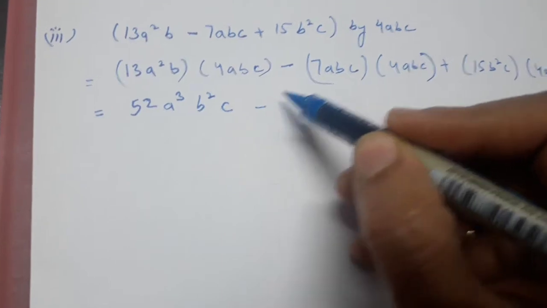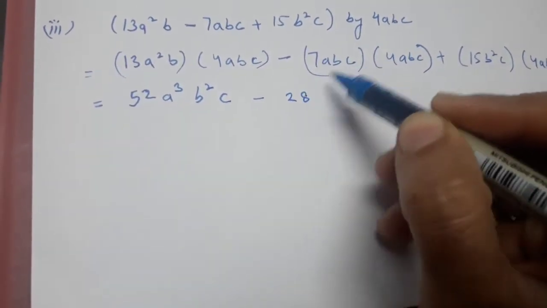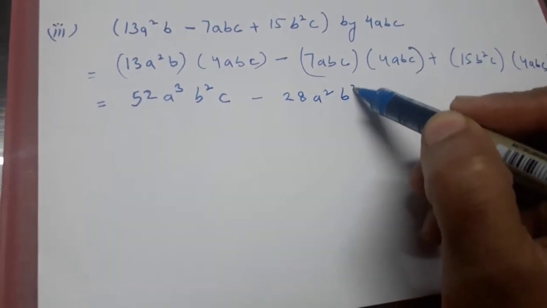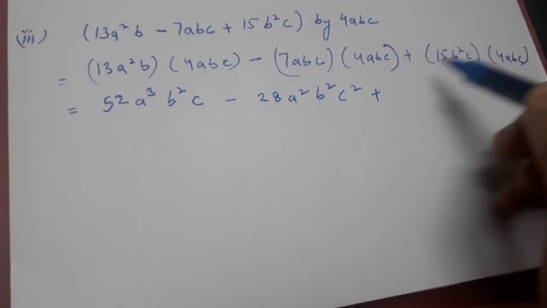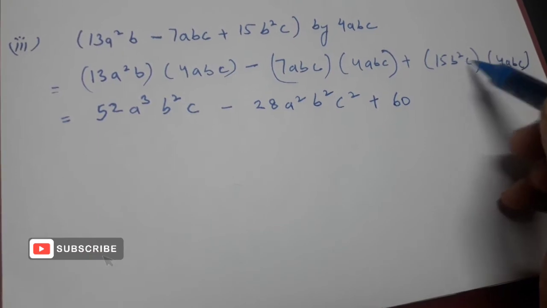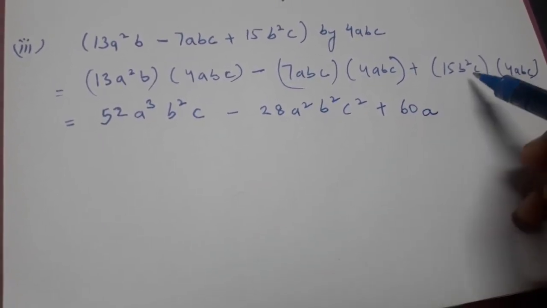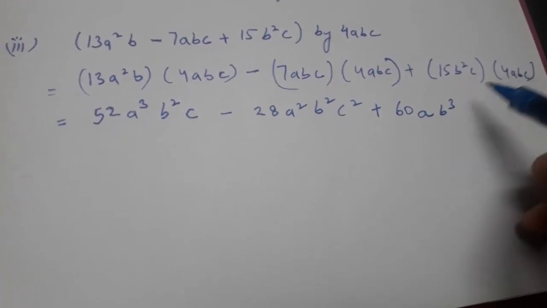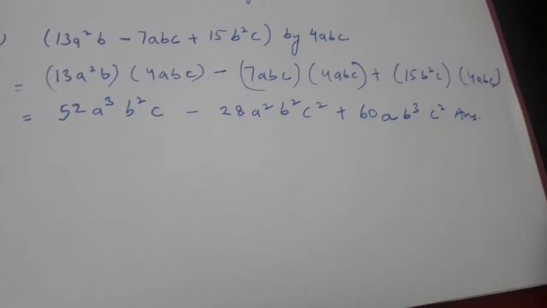Now minus sign, 7 fours are 28, a and a square, b and b square, c and c square. Then positive sign, 15 fours are 60. No a is here, so we will write single a. B square and b will become b cube, and c will become c square. So this is our answer.